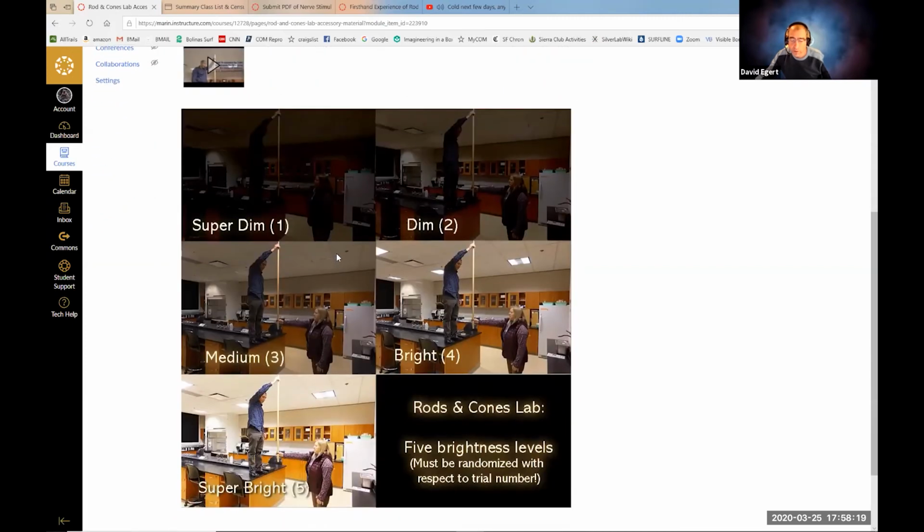This here is showing you kind of what the room would normally look like in dim, super bright, just to give you a sense of what those conditions really look like. I actually just went into Photoshop and messed with it a bit, but this is kind of what it looks like when you're going from super dim. And so you'd basically do the 3 catches under these 5 different brightness conditions.